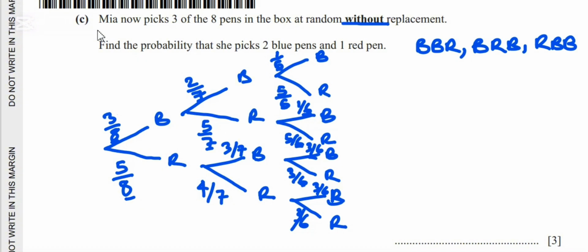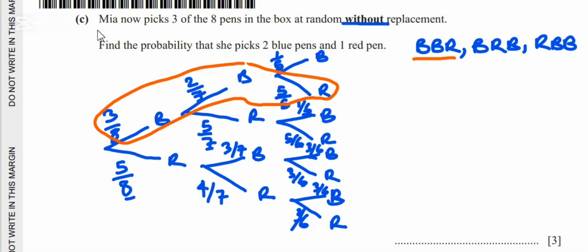Now we are looking for a probability that has 2 blue pens and 1 red, just as we've listed them here. Now let's look for this probability on our tree diagram. We can see that this outcome is giving us the probability of blue, blue, and red.